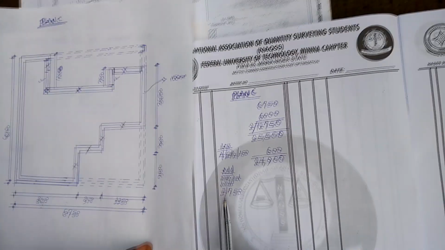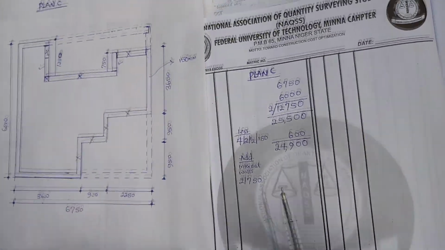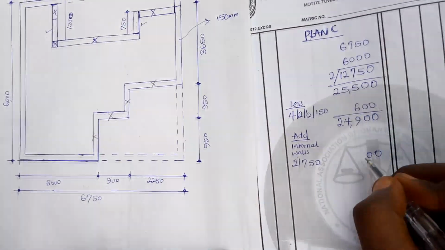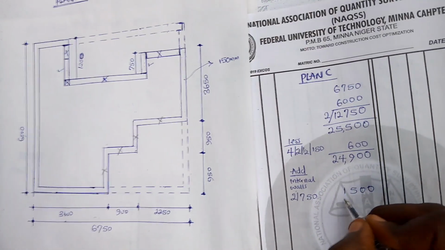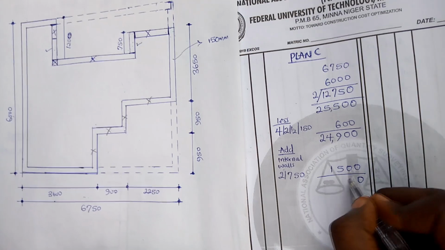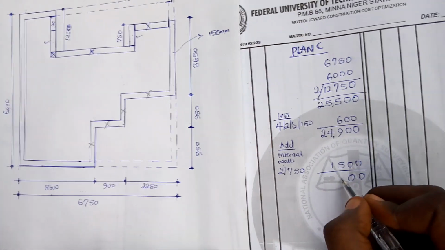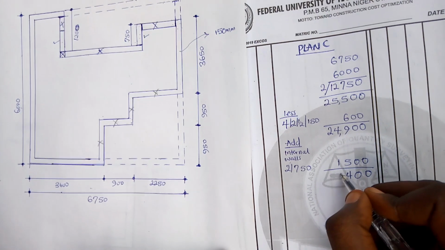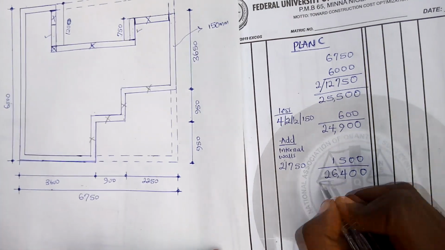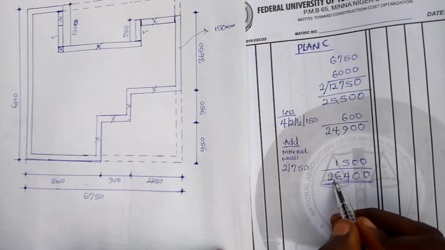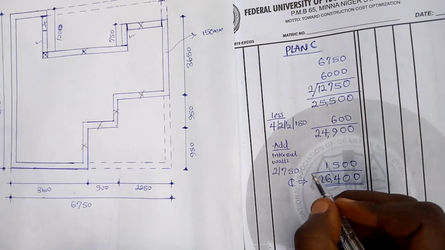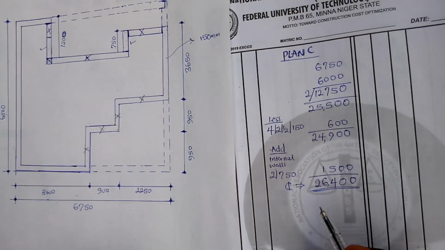Now when I multiply, I'll end up having 1,500. So 24,900 plus 1,500 gives us a sum total of 26,400. Now this is our overall main girth for plan C.